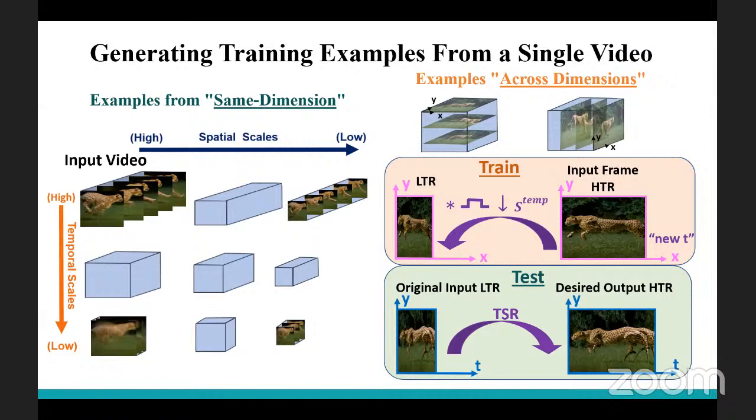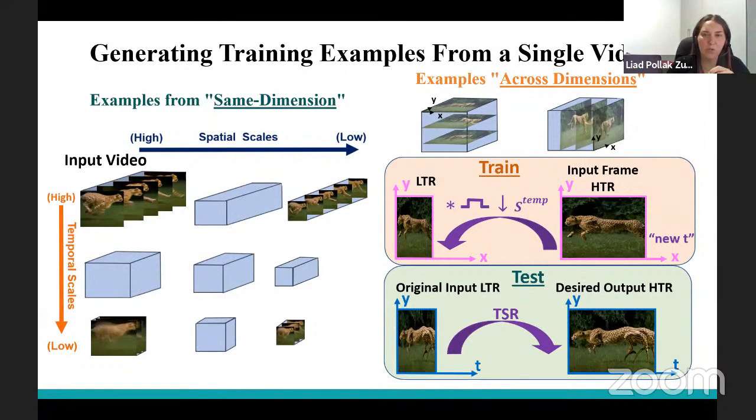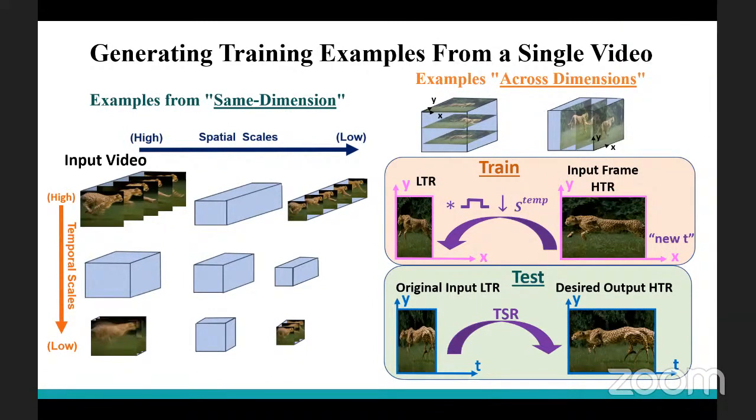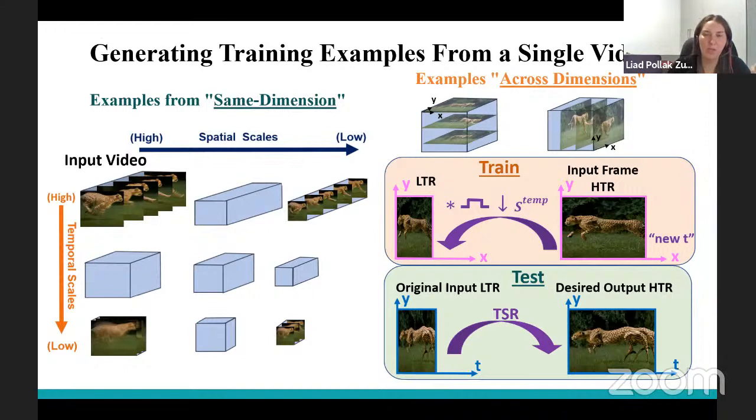Okay, and just another question. What is the memory footprint required for this kind of algorithm? You mean how much does it take from the GPU? Yeah, or from the memory point of view. I don't remember. It really depends on the size of the video, like if you take 100 frames or 20 frames.